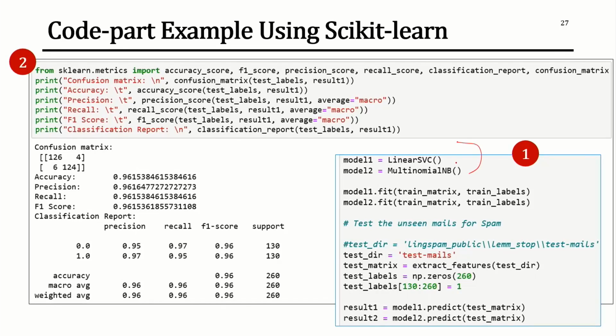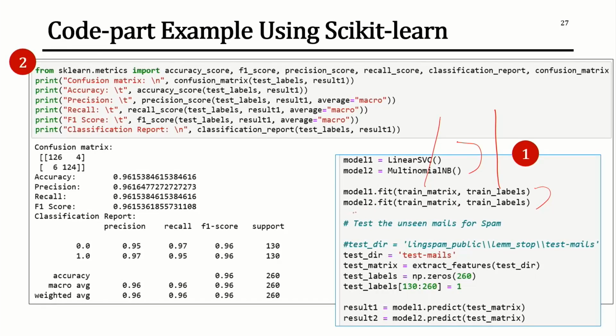You have the model classifier initialization, and you train your model. So make sure that you have your training data as well as the training labels, because this is supervised classification in which the correct labels are known.